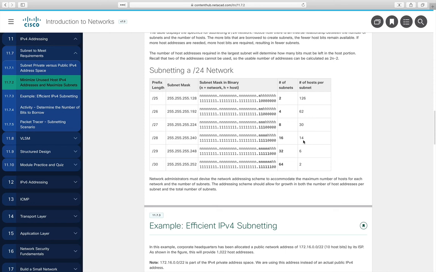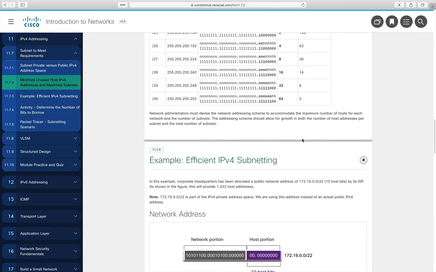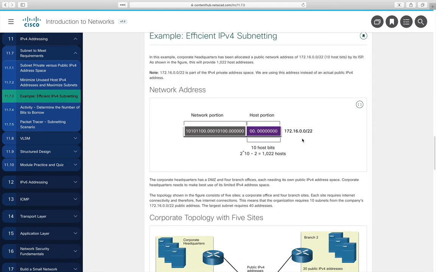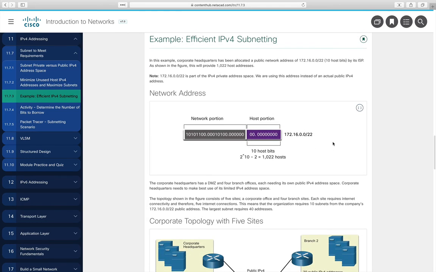without going below 10. And then that gives us the maximum number of subnets that we can have. So they're calling that efficient IP subnetting. Basically, what we're doing is we've been given a /22.